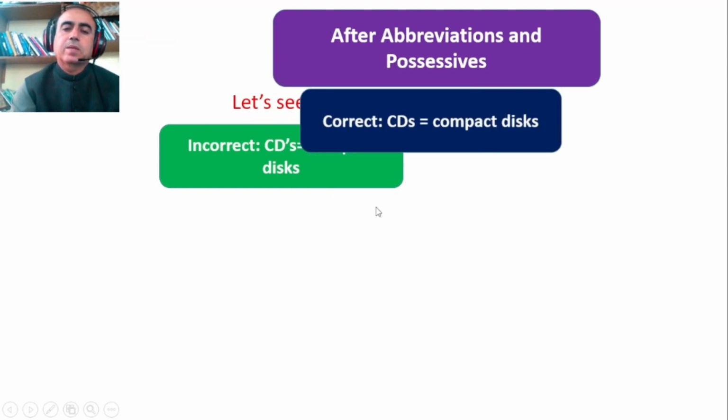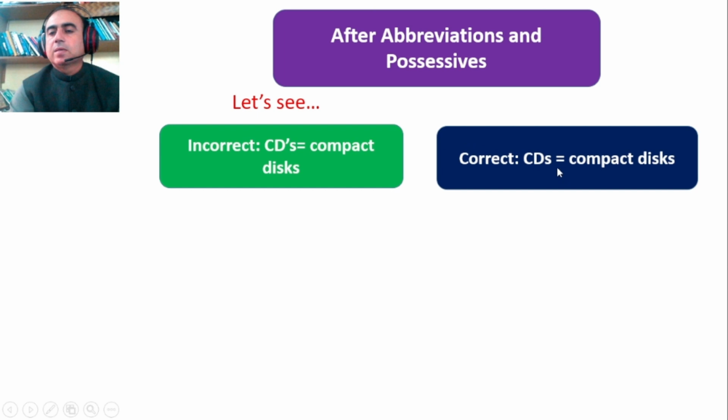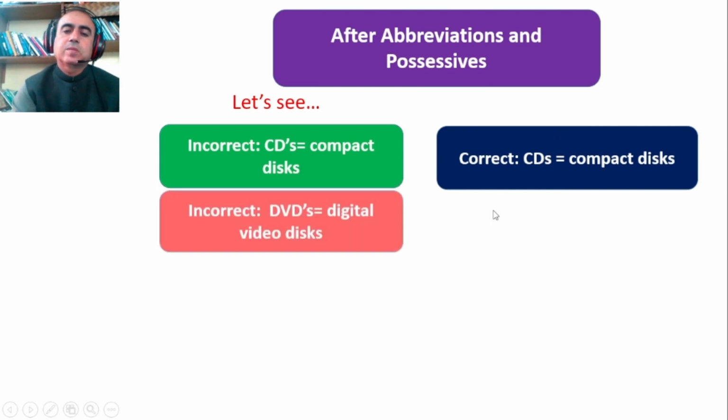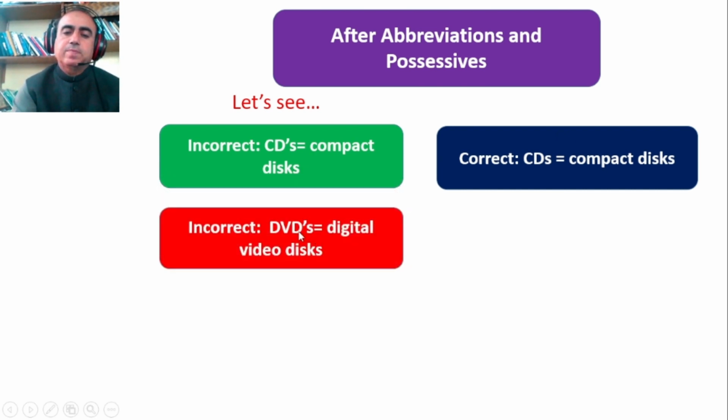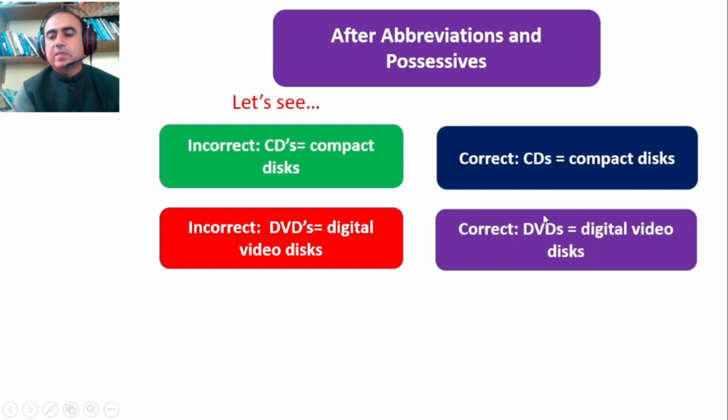CDs. So it should be like this. CDs, compact discs. This is the sign of a plural word. DVDs, it is wrong using an apostrophe. The correct way is DVDs with just S.